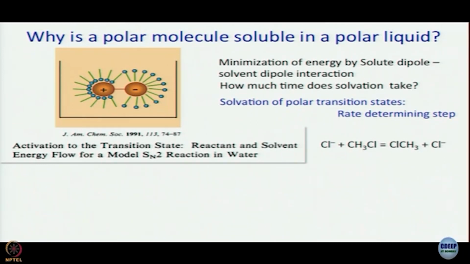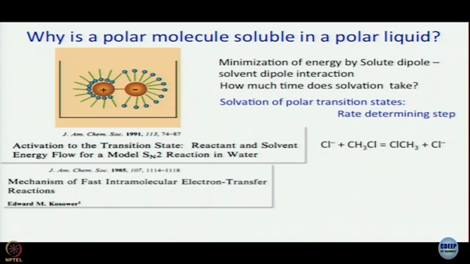How do you know that this chloride is going in, that chloride is going out? You can do it easily by using different isotopes of chlorine. And the good thing about this is, what kind of potential well would this reaction have? If I think of reactant energy and product, it would be a symmetric double well potential, right. It turns out that for this kind of reaction, the rate determining step is solvation.